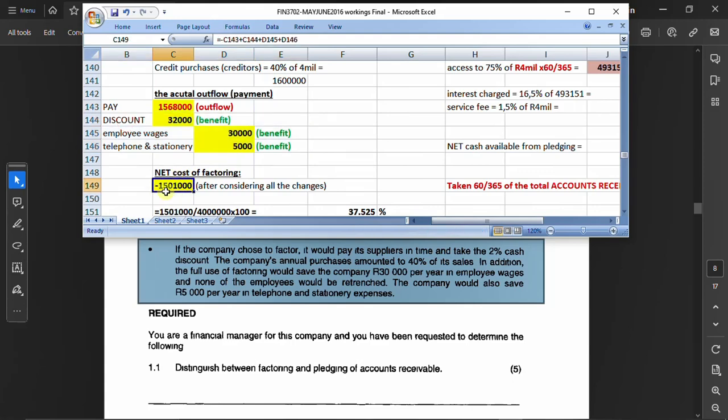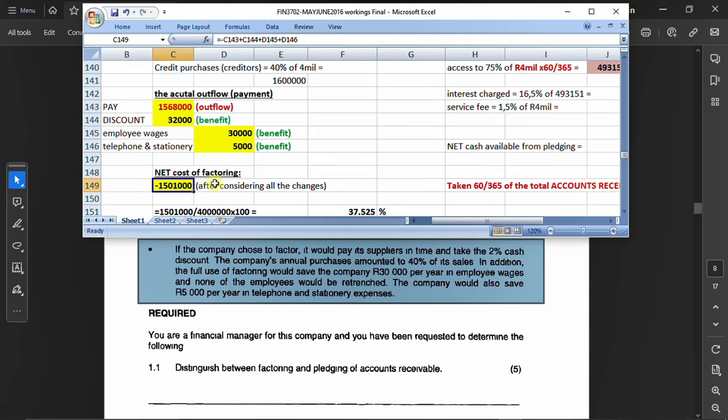This figure represents what you're going to be incurring, because it's something you need to provide for in the arrangement you have with the factor. The factor is willing to assist you, to take on that burden, that responsibility.